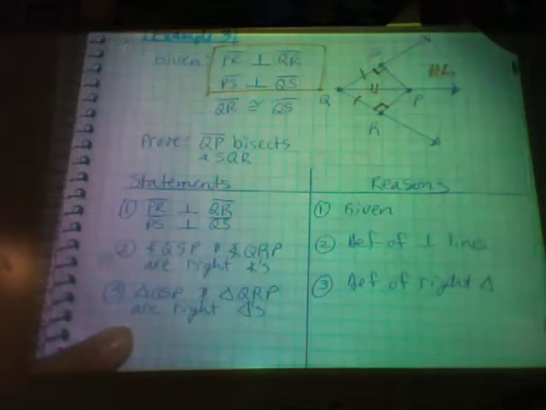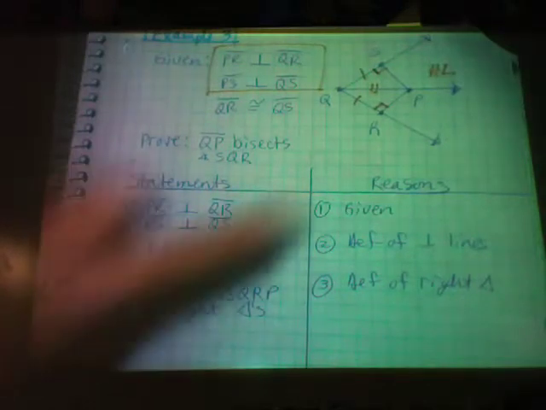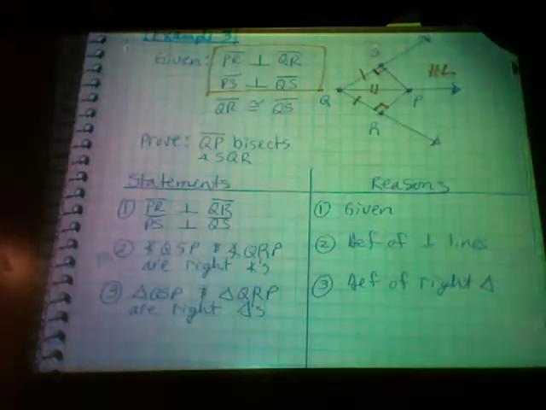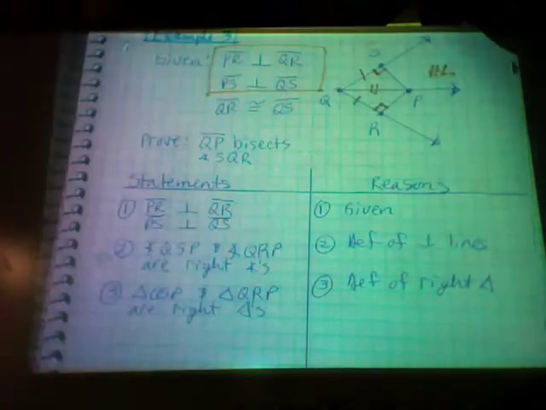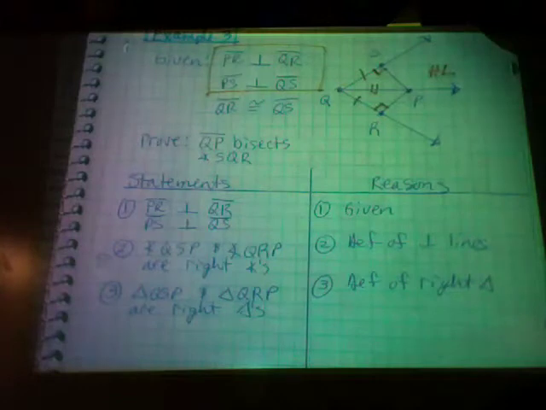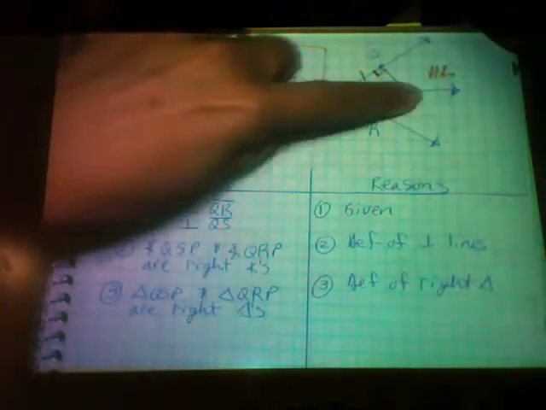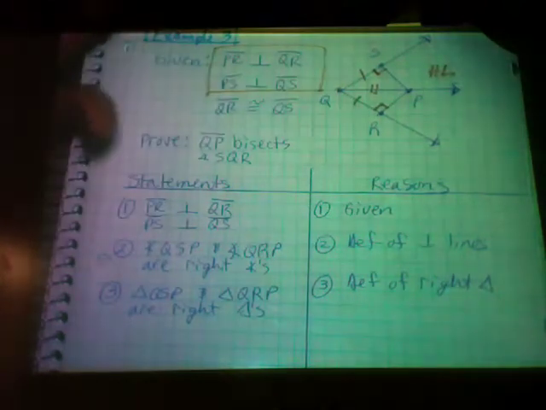Okay. Now that I've mentioned I have right triangles, can't I now progress with HL? All right. H comes first, although it doesn't matter whether you do HL or LH. So because H comes first, and that's how I've been teaching you, we can jump to the QP equals QP because that's the hypotenuse.